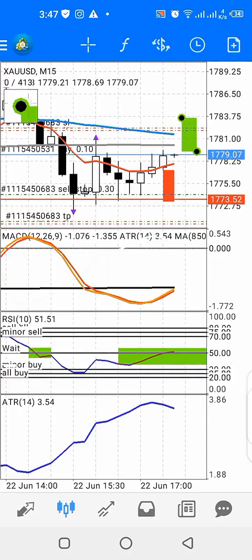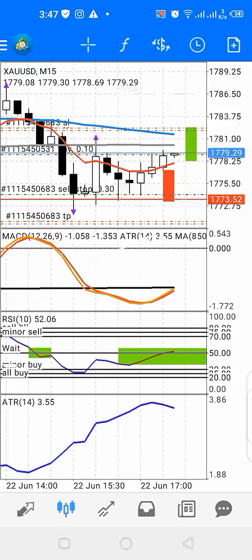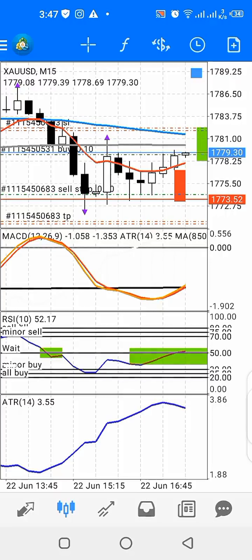Then if you want a 1 to 2 risk reward ratio, you can multiply the height from the stop loss to the entry by a factor of 2 or 3 to get your take profit.